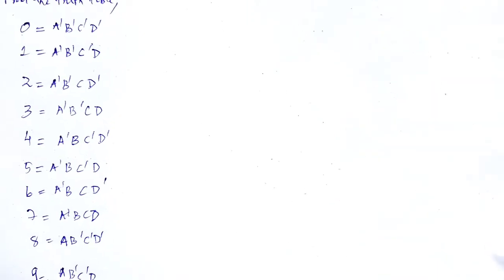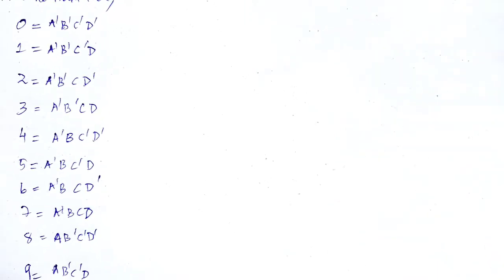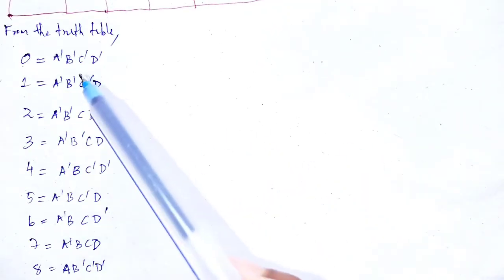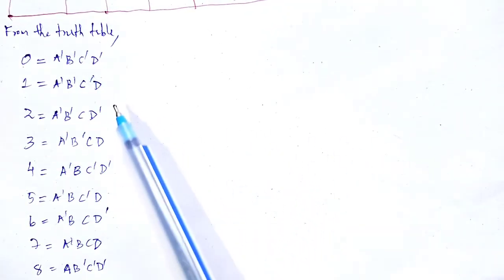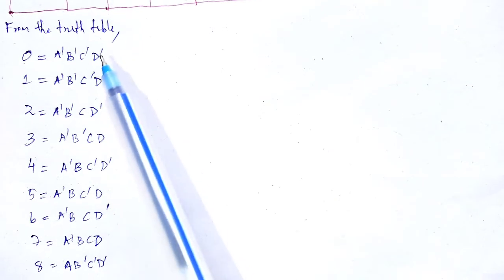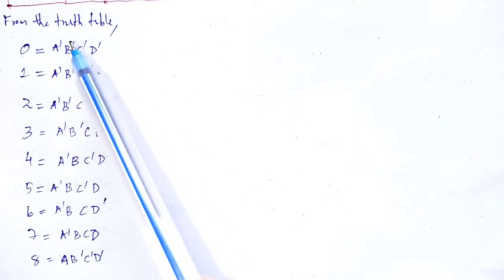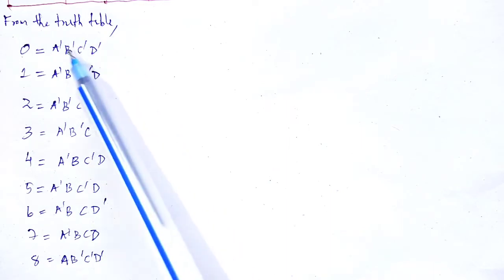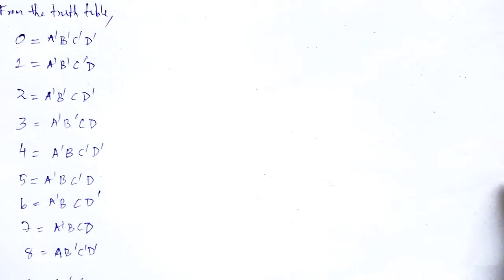Now we construct the logic circuit, or we can implement that logic circuit by taking those Boolean expressions. To construct that logic circuit, we have to use 10 AND gates and 4 NOT gates.